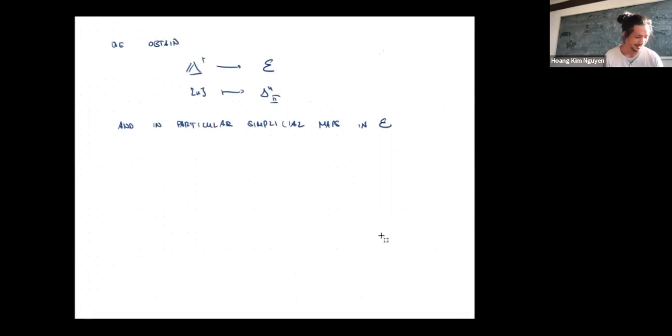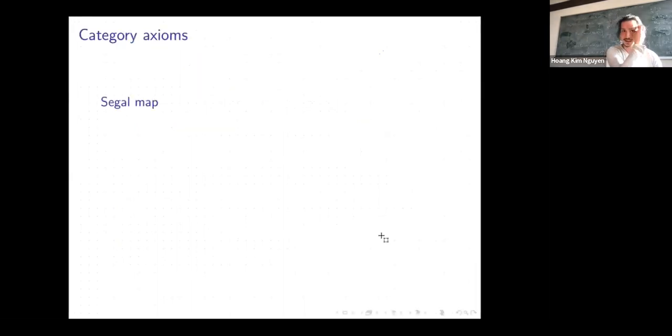So we were here having a functor from ordinals to E, which allows us to define simplicial maps in E, and thus we can define Segal conditions, and that's our next axiom, that we have the Segal maps.